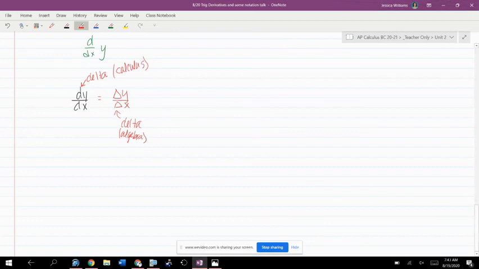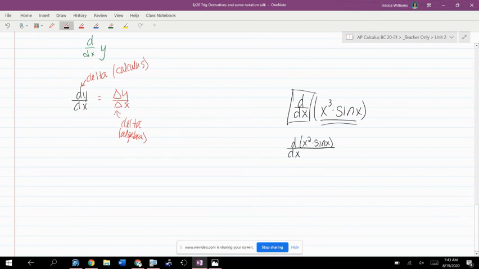So that's that notation. If anybody ever asks you to do this and gives you something in here, they could ask it that way, or they could put it up here. That's less common. They usually write it off to the side, but it's the same thing. They're asking you to take the derivative, find the rate of change with respect to x of this function.